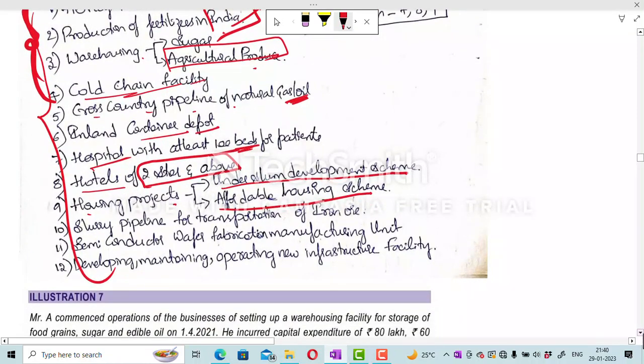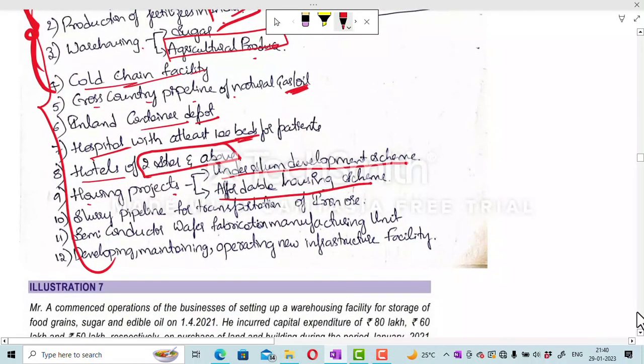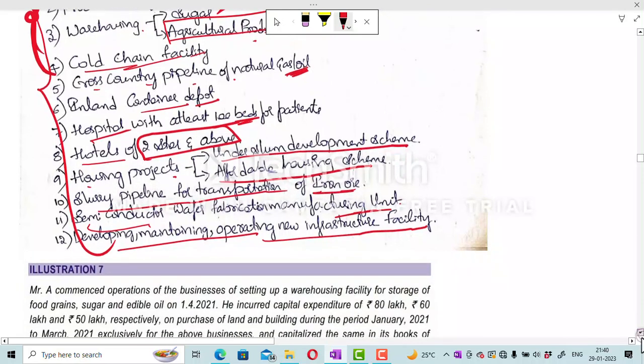For poor people, if we are constructing, then that business can claim the deduction. Slurry pipeline for transportation of iron ore, semiconductor wafer fabrication manufacturing unit, developing and maintaining operating new infrastructure facility. All these specified businesses can claim deduction of their capital expenditure.